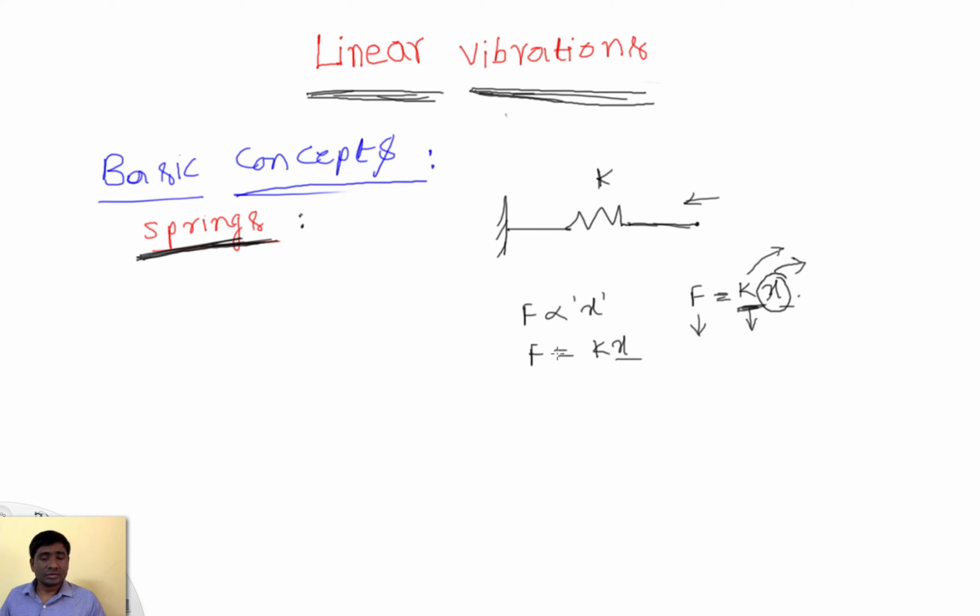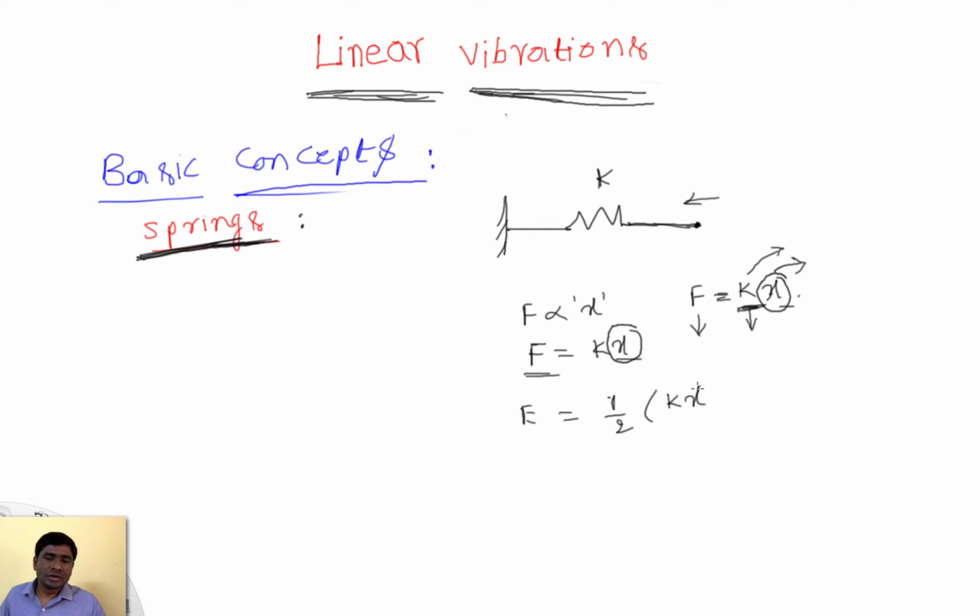And the strain energy in the spring is given as energy E equal to force into displacement. But at the initial position, the force given to the spring is 0, and the displacement is also 0. After some time, we have given F amount of force, and it caused x displacement. So we need to take the average, that is half into 0 plus k into x. Why?